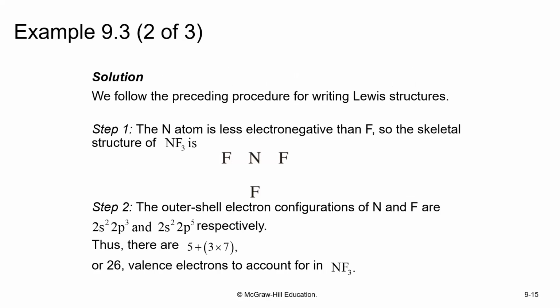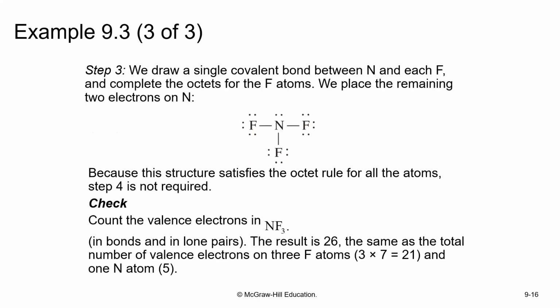Add up all your valence electrons. Then we should have an octet for everyone except for hydrogen. So N has an octet, all the F's have octets. Make sure the total number of valence electrons is correct.